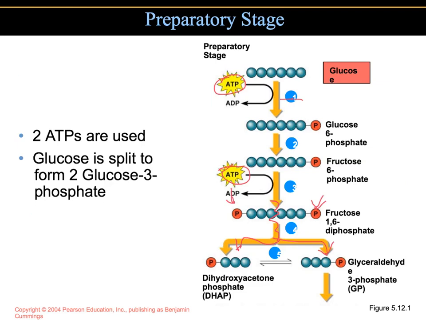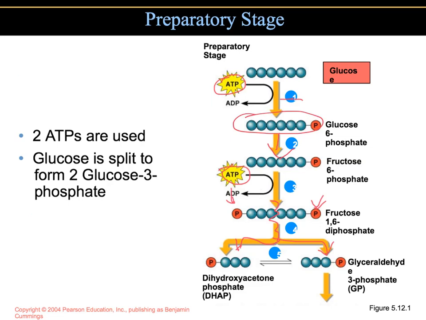So in step 1, the glucose enters the cell, it's phosphorylated, and then the glucose 6-phosphate is now rearranged in step 2 into fructose 6-phosphate.